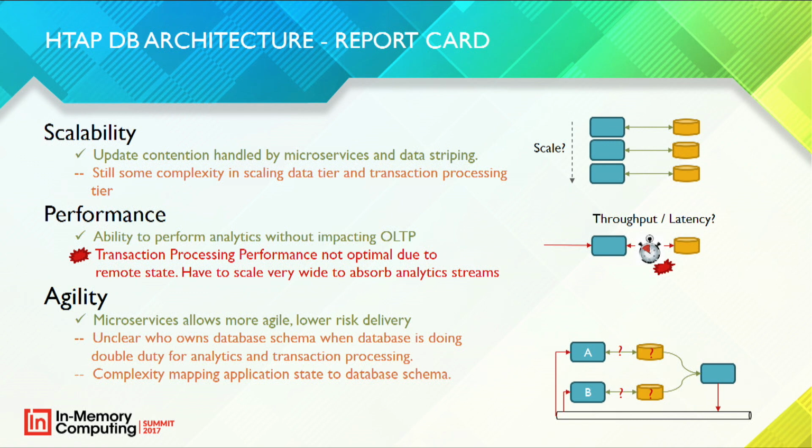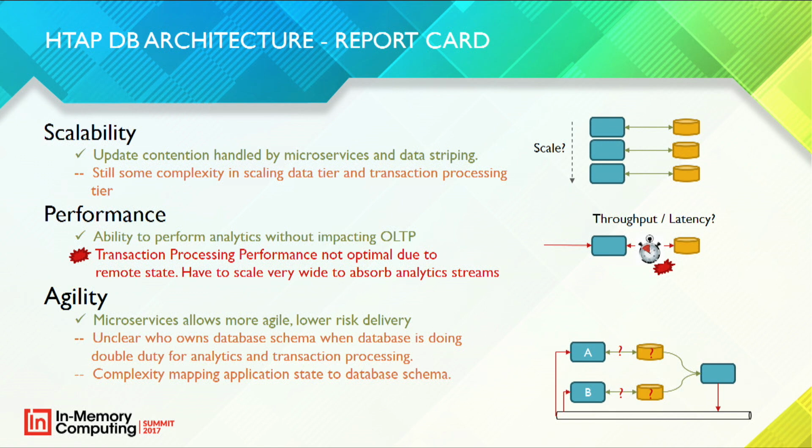these architectures tend to feed back upon themselves, right? So we have transaction data going through the system, and we're running analytics on it and feeding it back in, and we're ingesting data from outside. So it's really important that we can ingest data into our transaction processing tier as fast as possible.